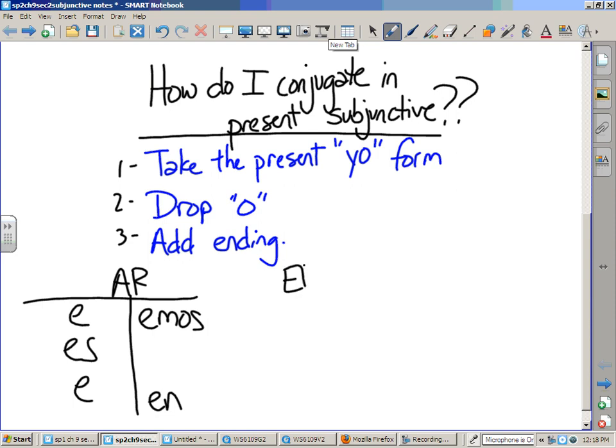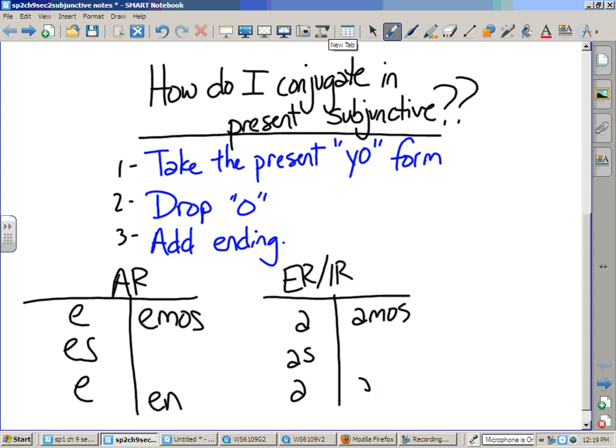If it's an ER or IR verb, a, as, a, amos, an. Right. Sometimes I call this the opposite vowel, right? Seems like you would want to use an A over here or an E over here. You just switch the opposite vowel.